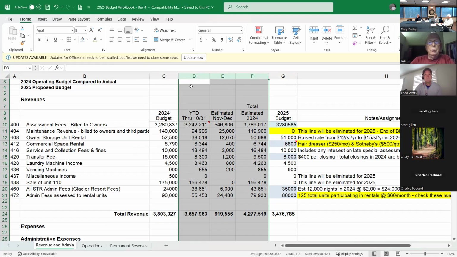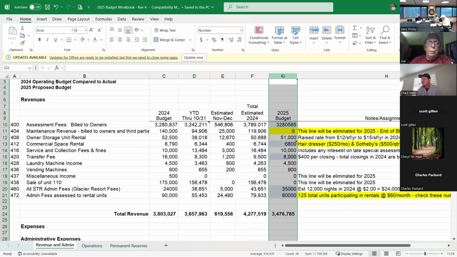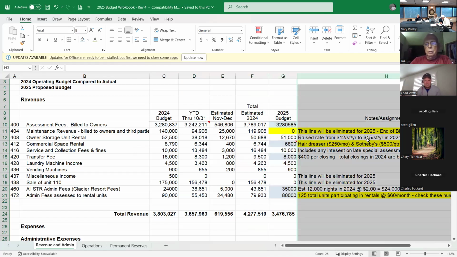We do this so it gives us a picture of how we performed against the budget in 2024, which provides some good information, a sense of where we need to be in 2025. The 2025 budget is in column G, and column H is just notes and mind ticklers and things like that.